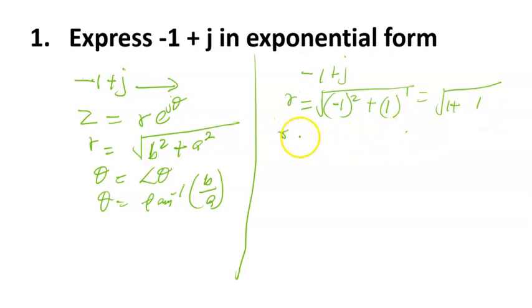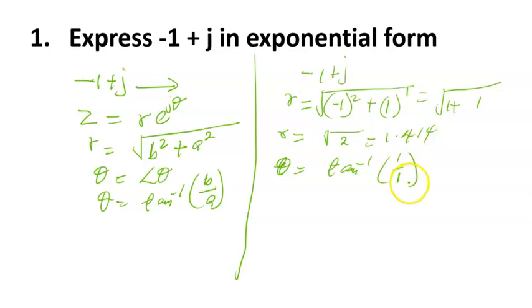That means r is the root of 2, which is 1.414 from our calculator. Now to find theta, it comes from the tan inverse of the imaginary part, which is 1, over the real part, which also is 1. So that's the tan inverse of 1.